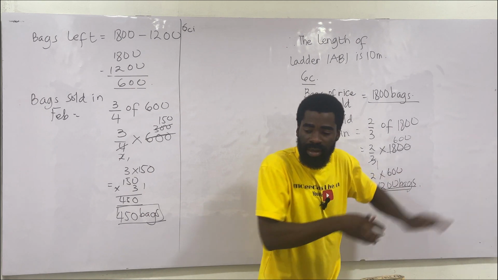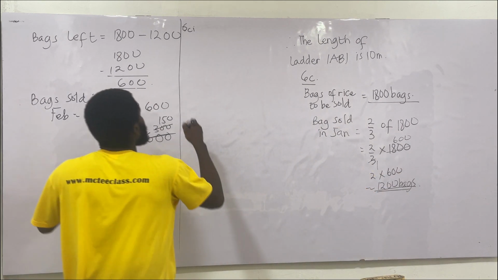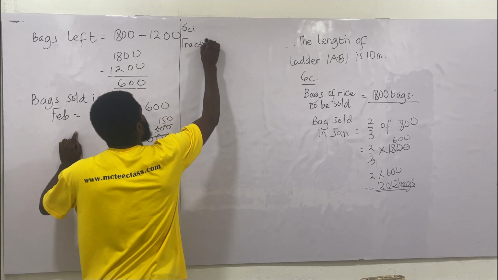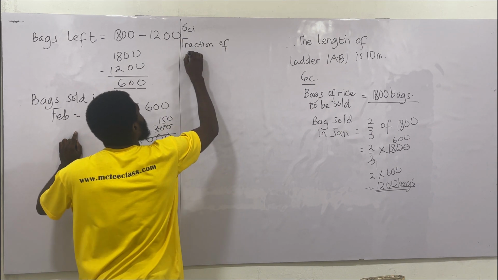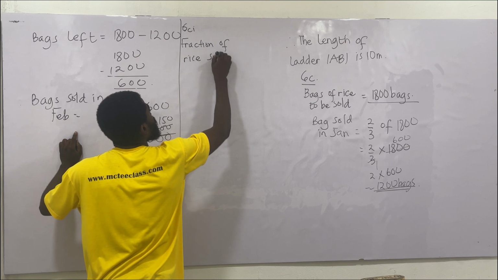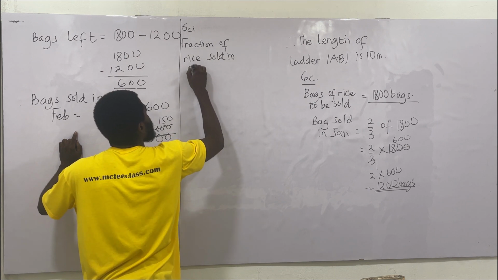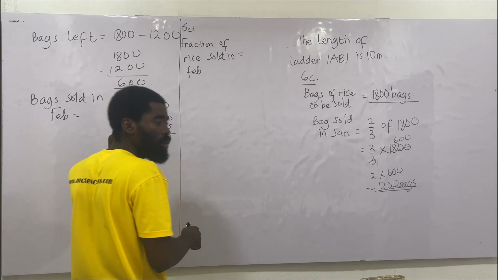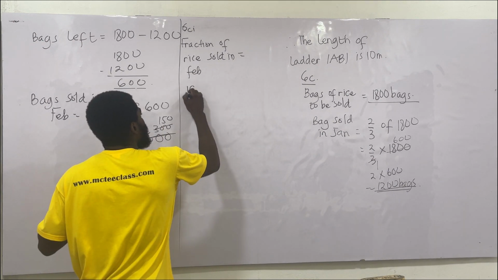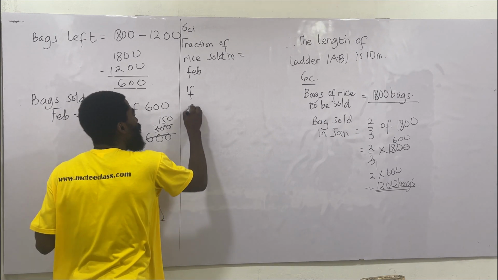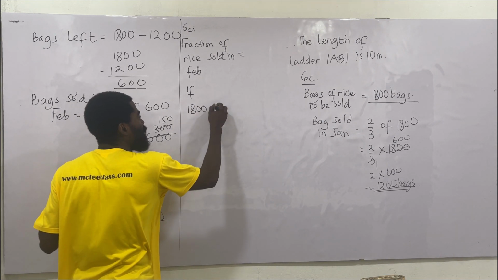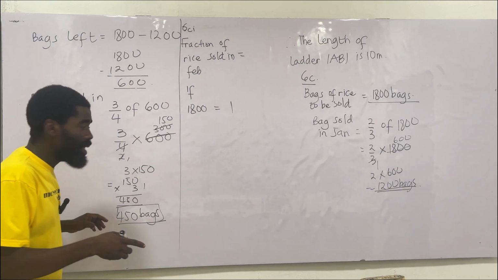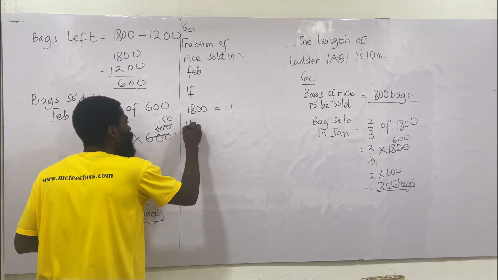Keep that. So we are saying that if you want the fraction of rice sold in February, this will be equal to, we'll say, if the total bags we have, which is 1,800, equals 1, which is the total fraction, then what fraction does this guy represent?